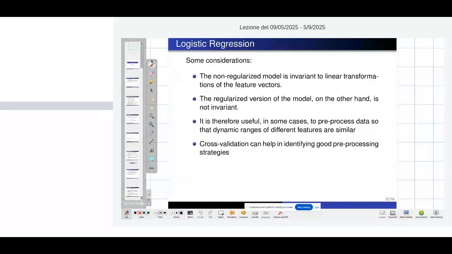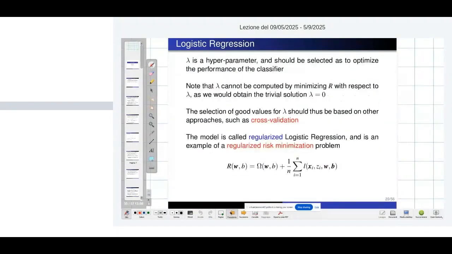Today we finish our discussion on logistic regression. We started yesterday introducing the model.